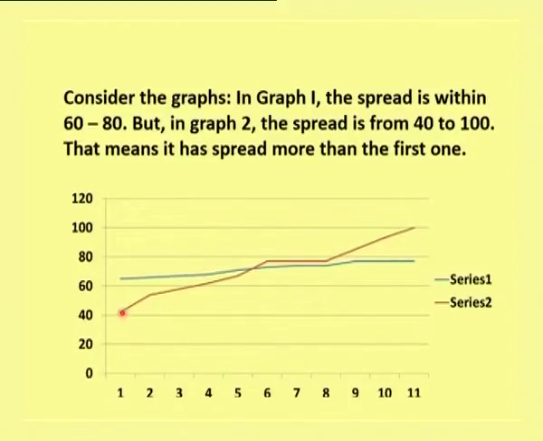Now this graph is for set A and this is for set B. The data set A fits fully within 60 to 80, but on the other hand, data set B ranges from 40 to 100. That means the variability of data set B is much more than the variability of data set A.